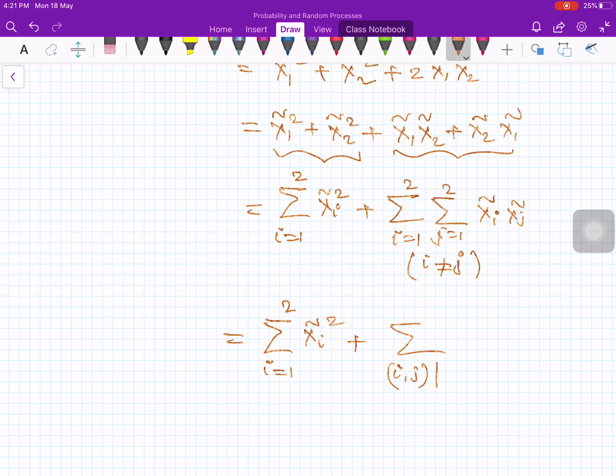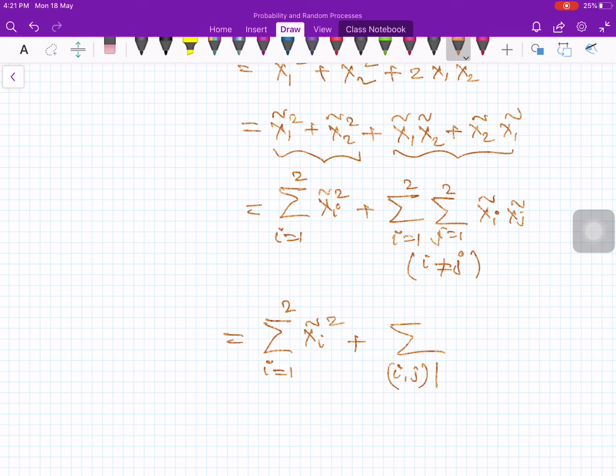Suppose you have n terms, then expectation of (x1 tilde plus x2 tilde plus up to xn tilde) whole squared is x1 tilde squared plus x2 tilde squared plus x3 tilde squared plus up to xn tilde squared.